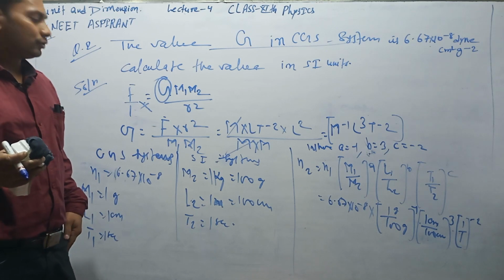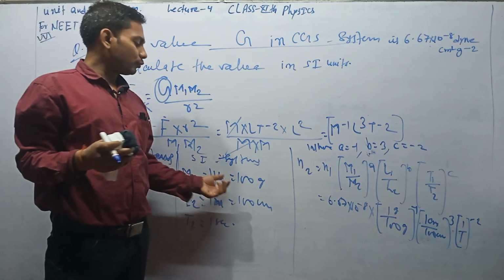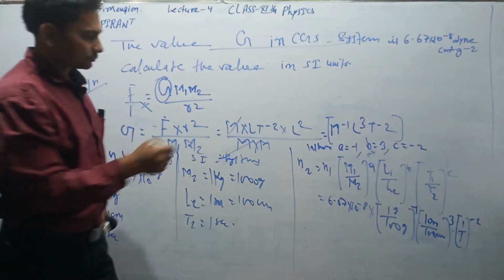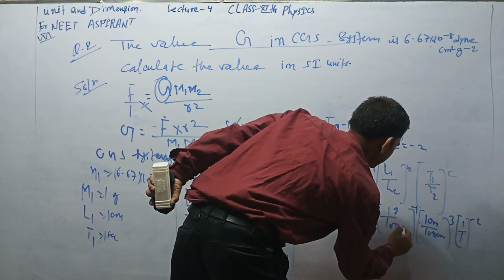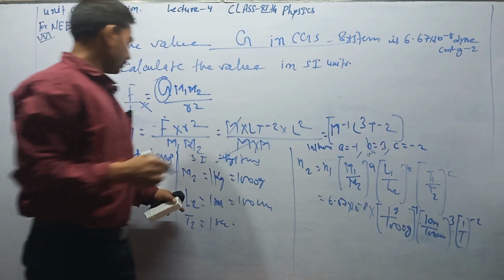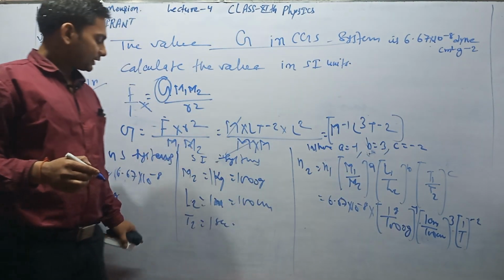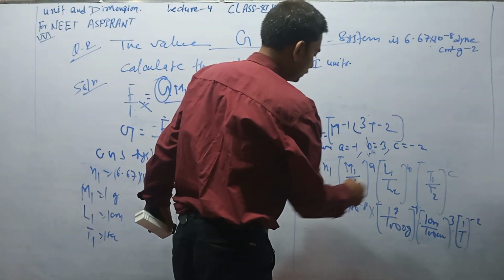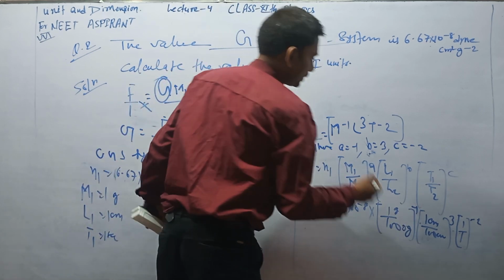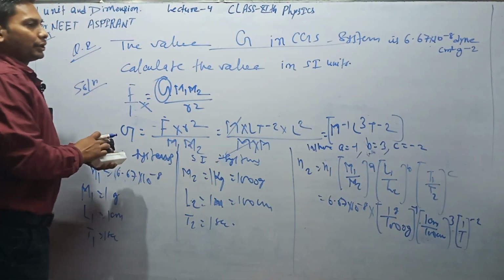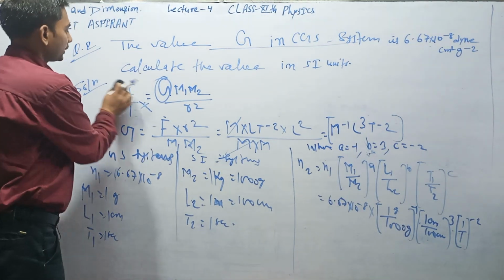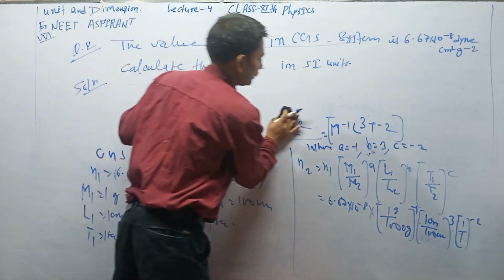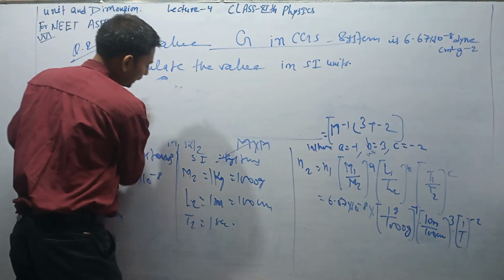In SI units, M2 is 1 kg, that means 1000 gram, L2 1 meter, 100 centimeter, T2 1 second. So now I will calculate this value, and I will get the result of the value in the SI system.